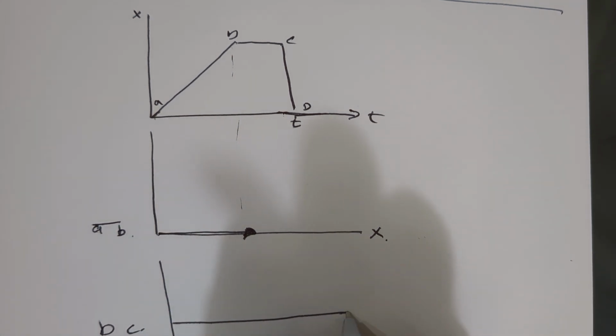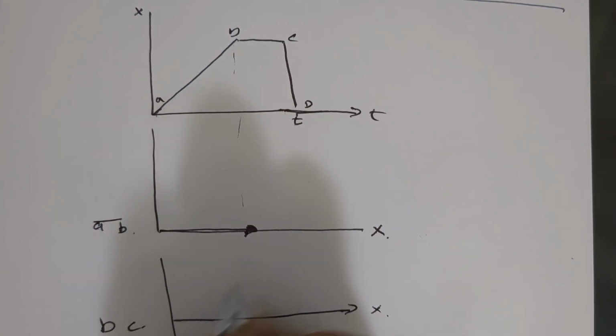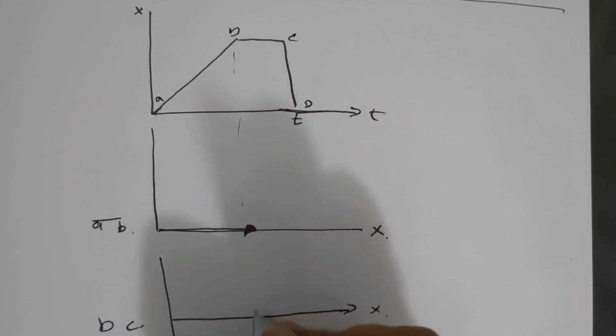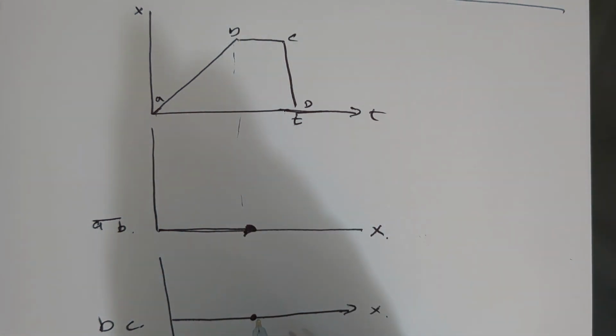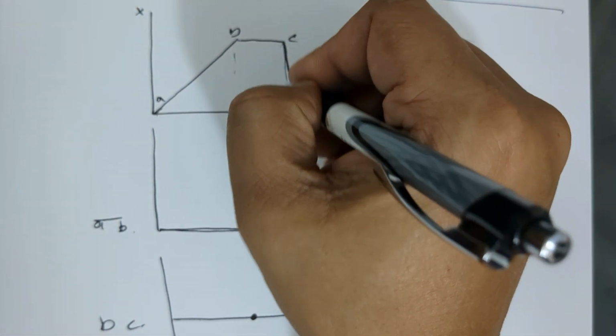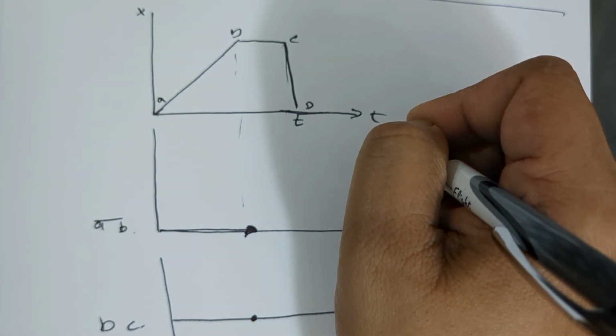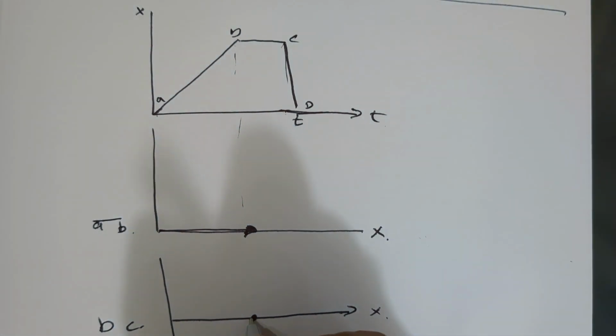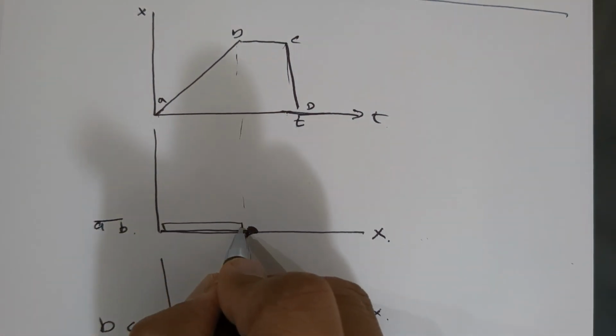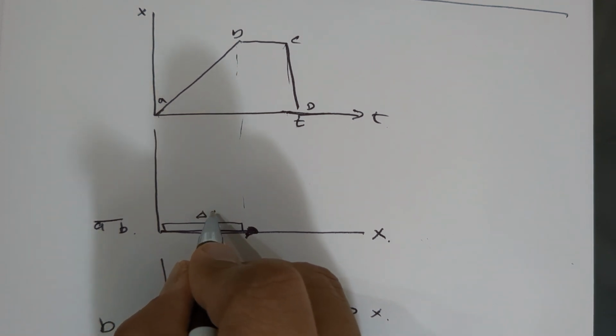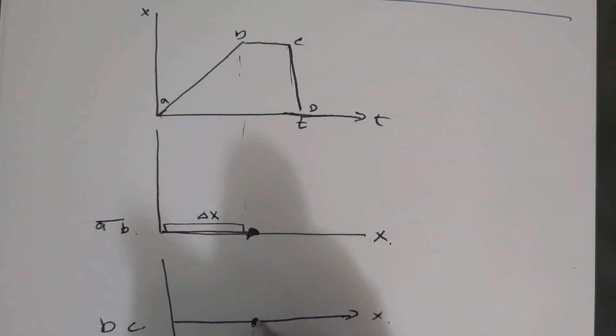What's going on here in the x direction? So let's say you were somewhere here in x. All that time from B to C, you didn't move. As the time passed by, you didn't move. So in here at least, you travel this distance. In here, all that time, you just stayed there in the x direction.